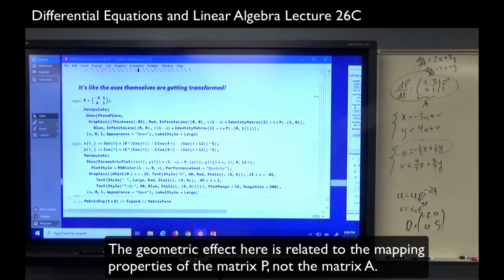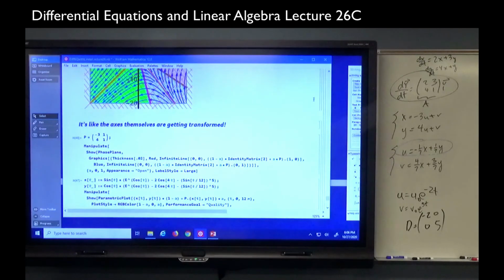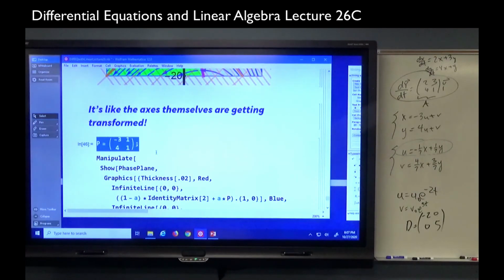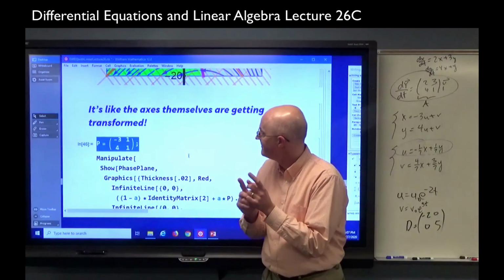Let me say finally something that is another thing that's confusing for people. Thinking about that linear transformation in this P matrix. This is really tricky, but important. Pay attention.